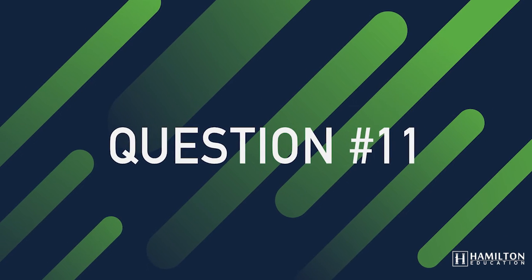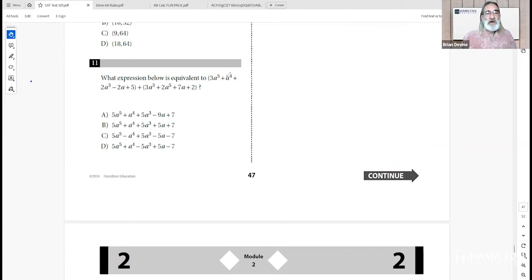For question 11, what expression below is equivalent to the sum of these two ugly things? Well, let's take the two ugly things and write them out like we would multi-digit numbers in elementary school. I'm going to put the 5th degree thing there in the first one, then the 4th degree thing there. And then I've got plus 2 of these 3rd degrees, then minus, well, do I got a square in the other one?